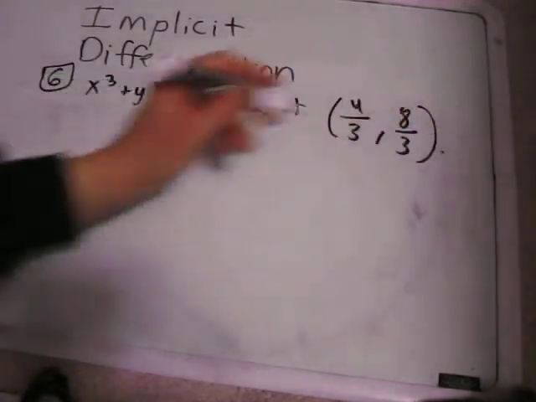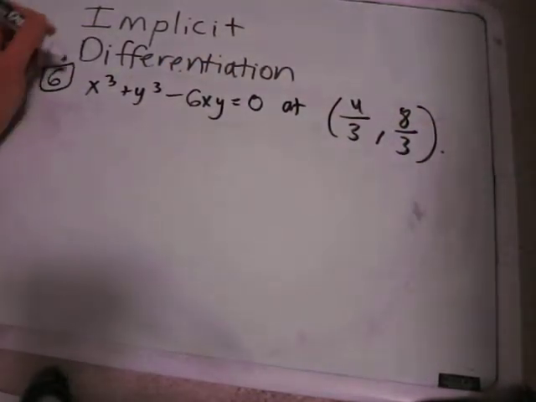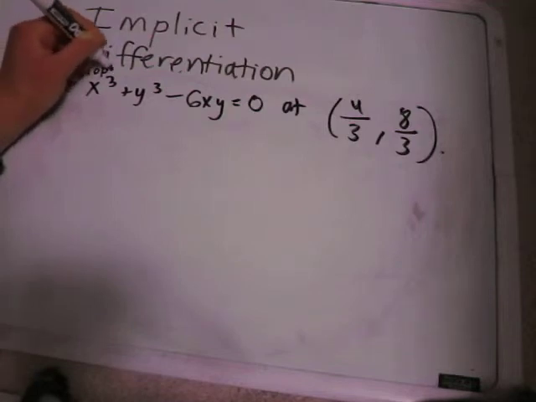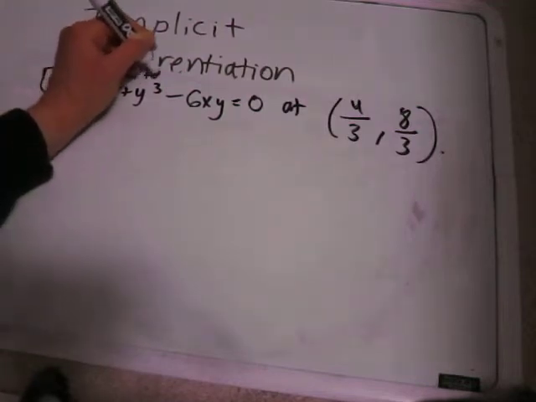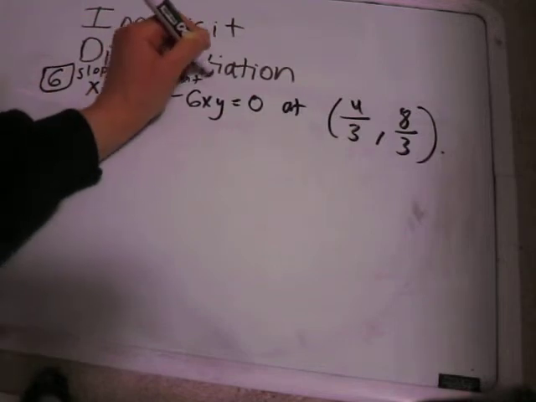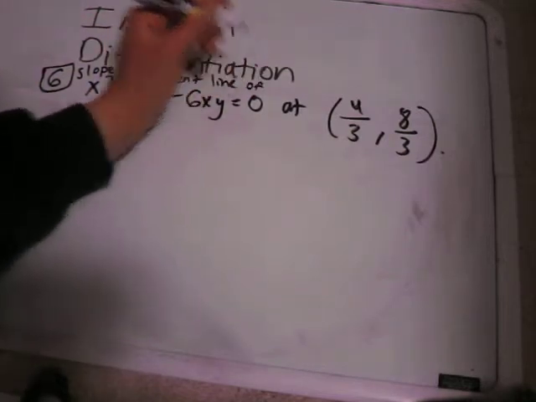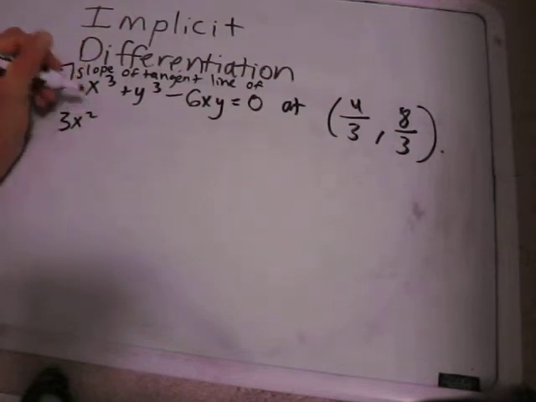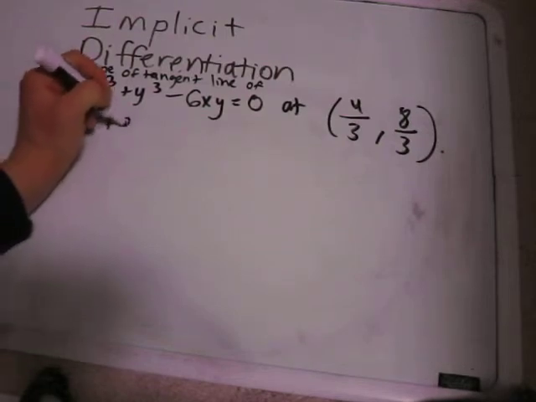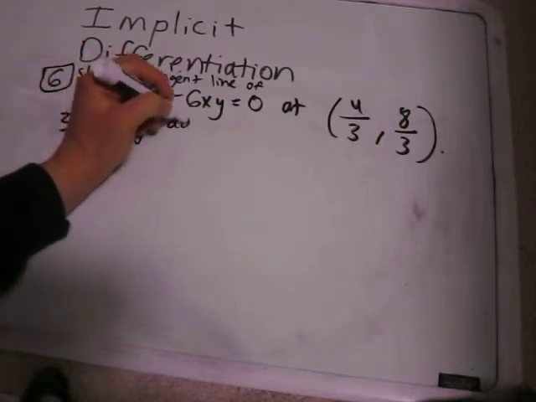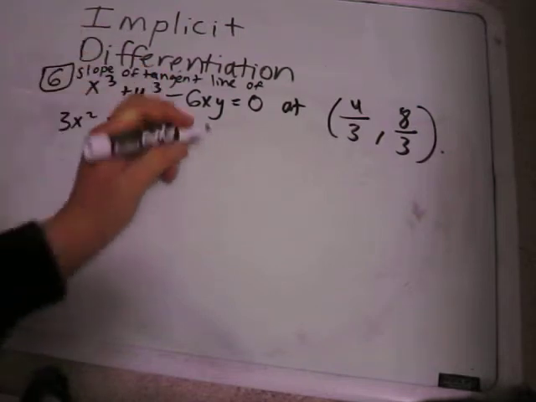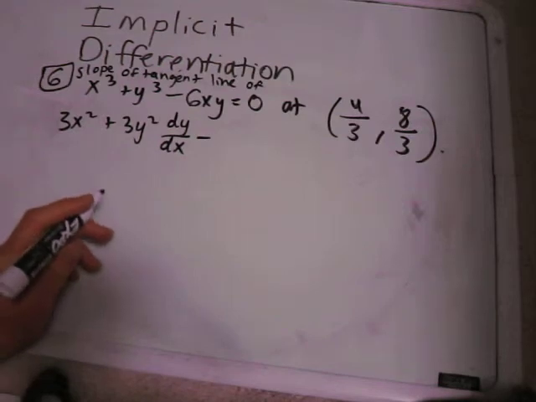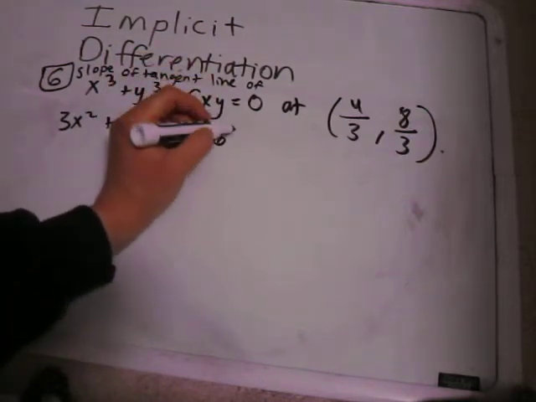So, slope of the tangent line of this function at that point. That's just a fancy way of saying what we've been doing all along. 3x squared plus 3y squared dy/dx minus 6.